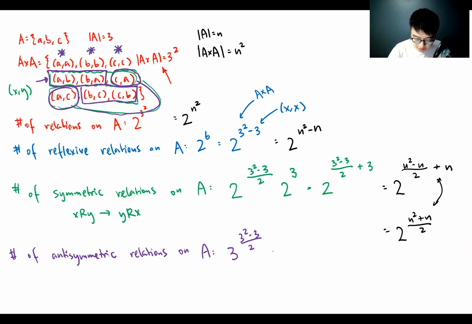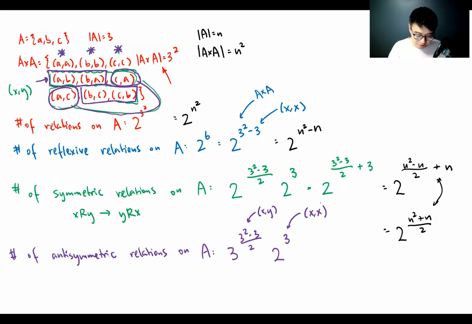So here we have another 2 to the 3 choices for the objects in the form XX. Just to let you know, these are the objects in the form XY, and these are the objects of the form XX. I hope you understand what I mean by that. I think we're good.